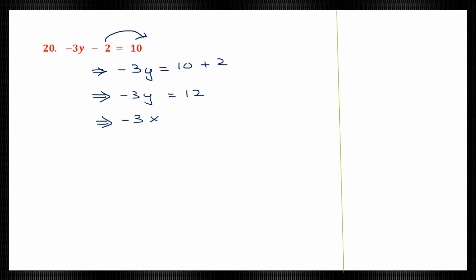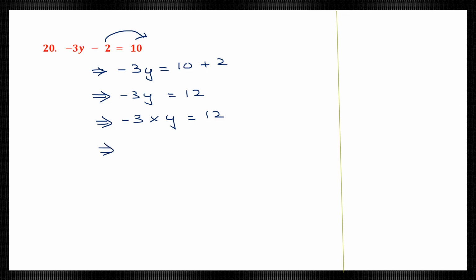Question 20. Minus 3y minus 2 equals 10. So minus 3y equals 10. Now let's transpose this, plus 2. So minus 3y equals 12. Therefore minus 3y means minus 3 into y is equal to 12.